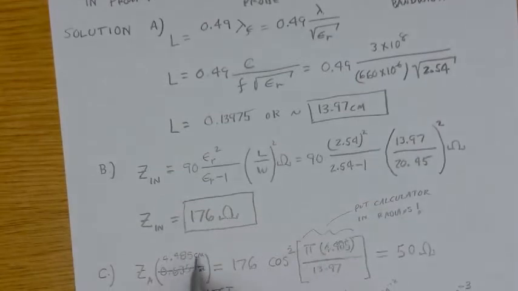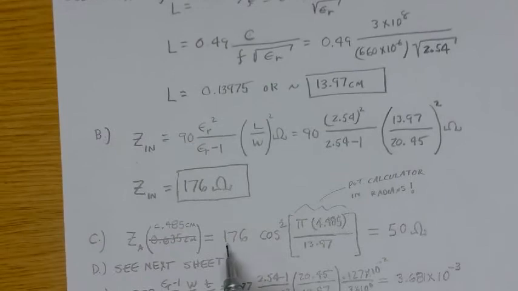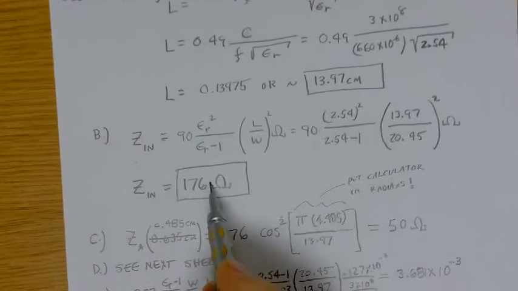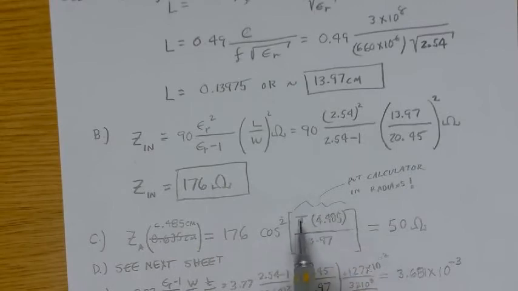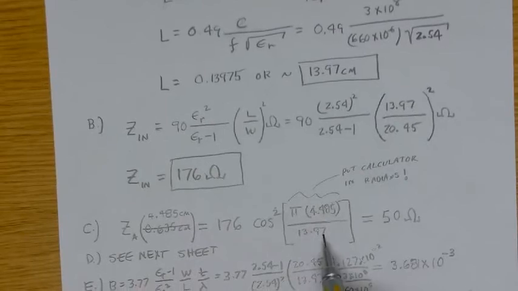So the input impedance, 4.485 centimeters from the left of the patch, is the input impedance at the edge of the patch times cosine squared of pi times delta x, right? 4.485 divided by 13.97, which is the length, right? So if you do this right, be careful.